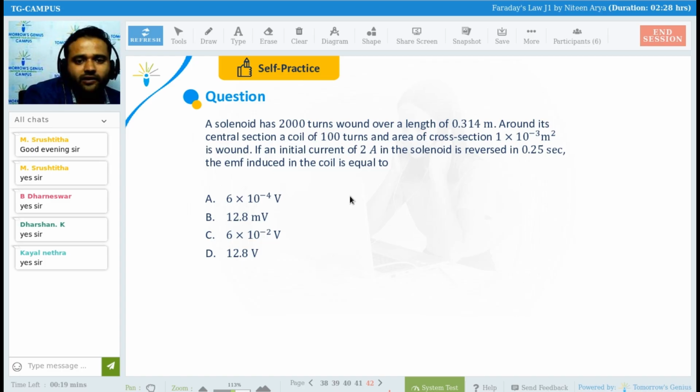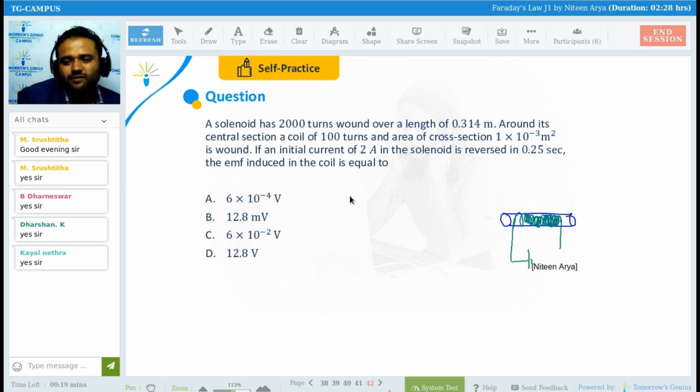See, you get a magnetic field. There is one solenoid of yours. In this particular solenoid, we have 2000 turns. Assume this. So these are 2000, and then length is given already.